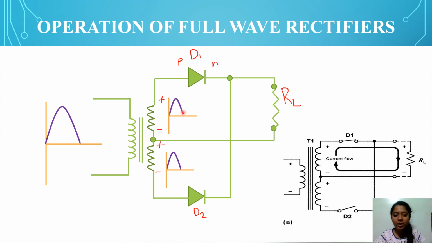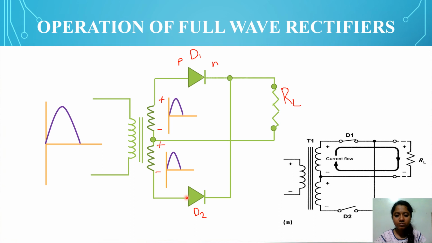Since it is forward biased, it acts as an on switch, so there is a flow of current through diode 1. Whereas in the case of diode 2, the negative terminal is connected to P type. Since the negative terminal is connected to P type, it acts as a reverse bias. In reverse bias, the switch is open. In an open switch, there is no current flow through it.